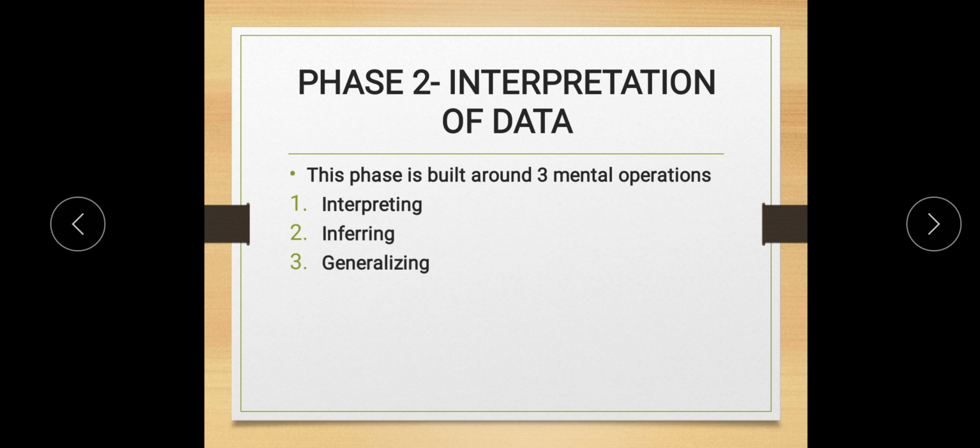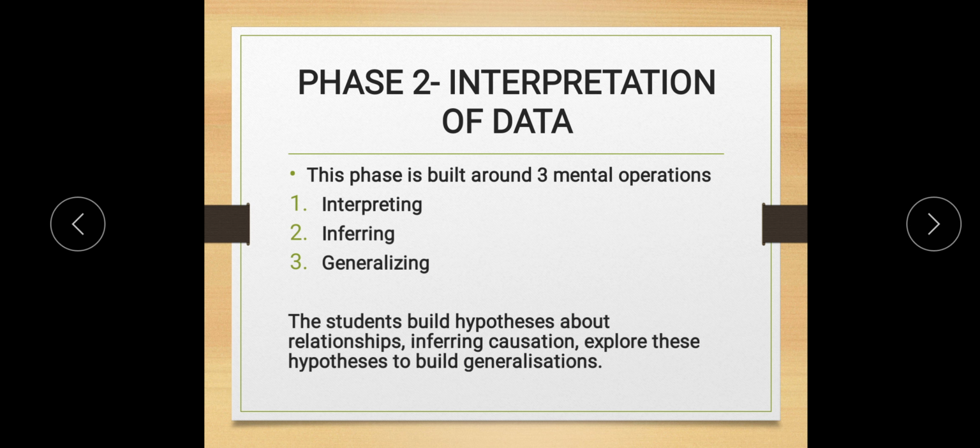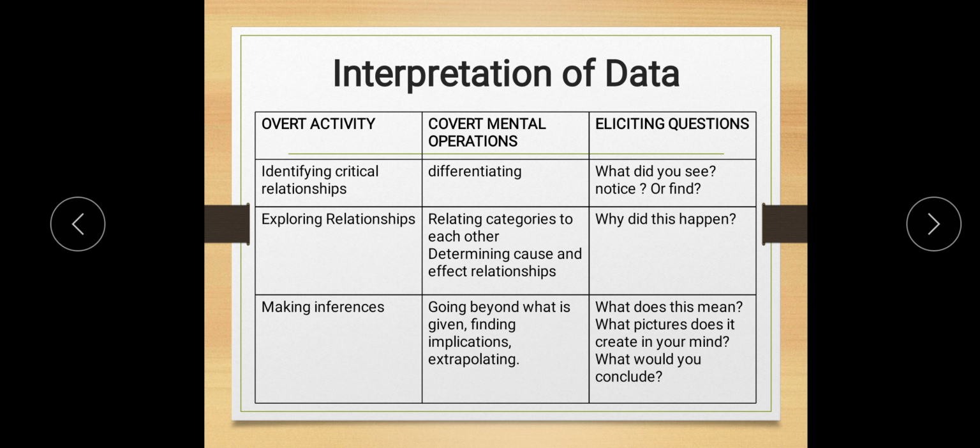Now what do we do here in this phase? The students build hypotheses about relationships, infer causations, and explore these hypotheses to build generalizations. So this is a summary kind of explanation of this particular phase. In detail, let us see it in this table.